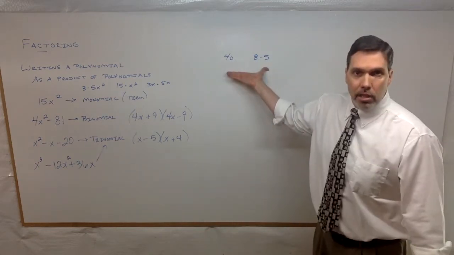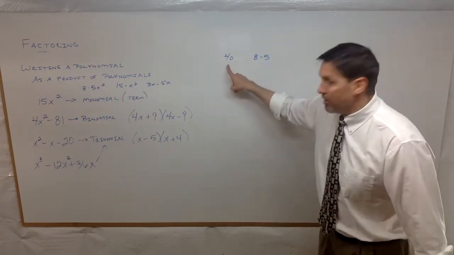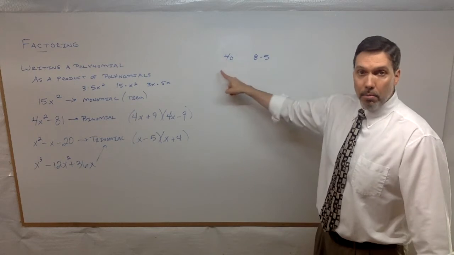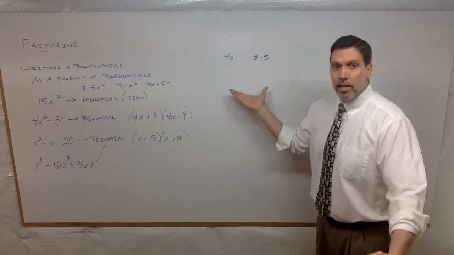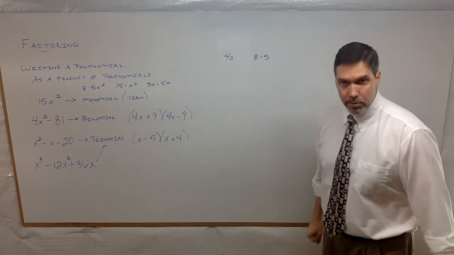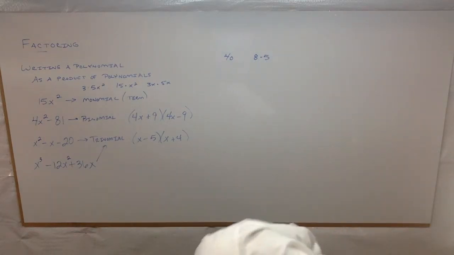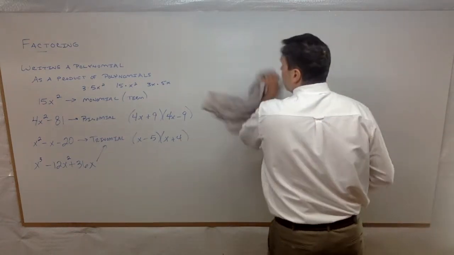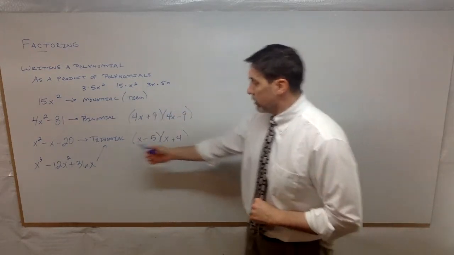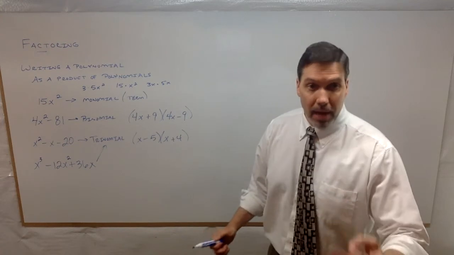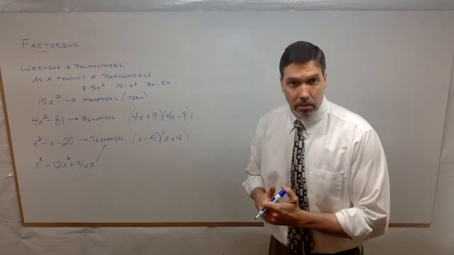Are these the same statement? Yeah, they are. But this one's simplified, this one is not. I'm writing 40 as a product of its factors. They're the same thing, just different representations. They look different, and that's kind of the idea here. x minus 5 times x plus 4 looks very different than x squared minus x minus 20, but they are the same thing.